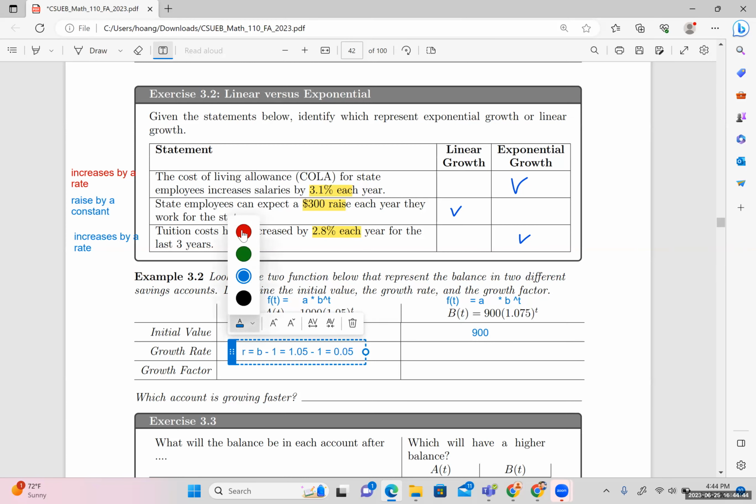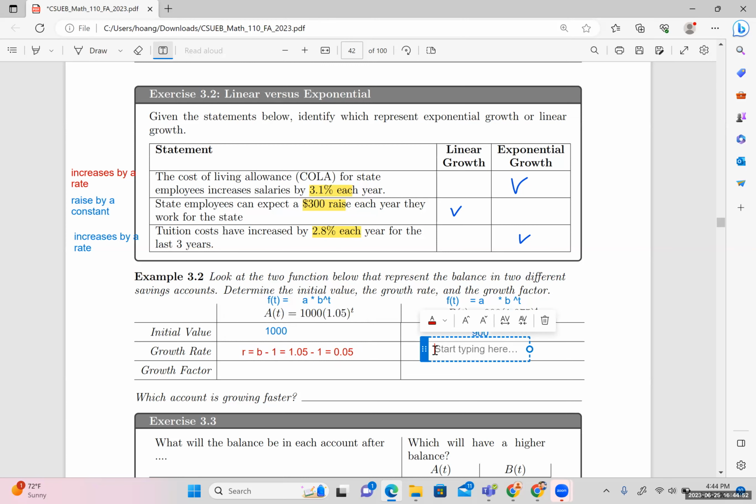I will also do the same thing for this one. I got b as 1.075, and minus 1, I will get 0.075. That's the answer for that.